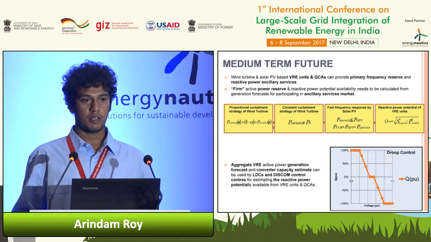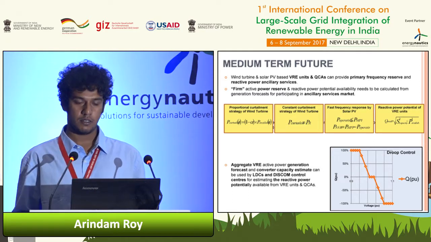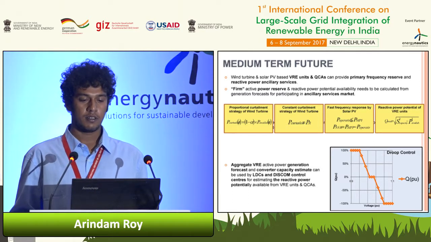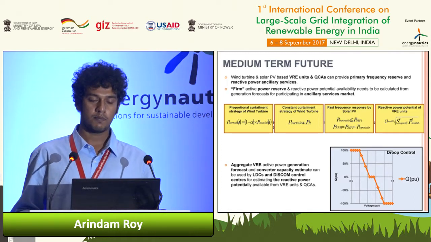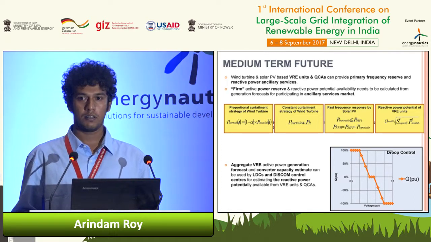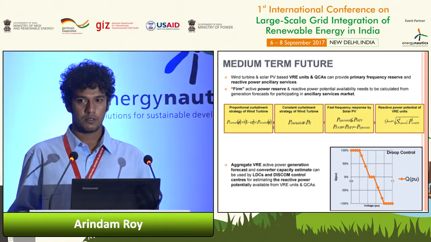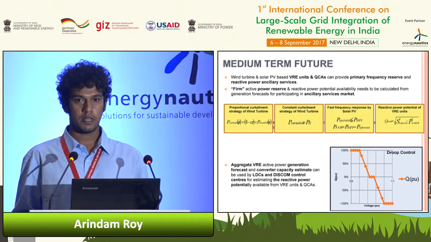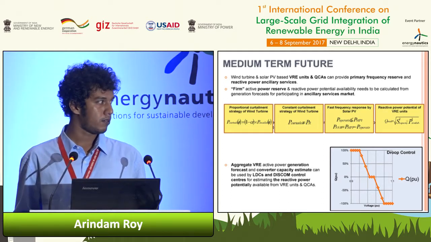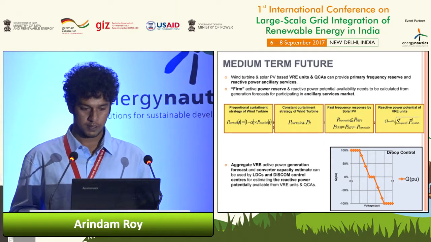But unlike conventional generators, in VRE-based generators the power available is volatile, so it is necessary to determine the firm component of the power which could be available for these services.